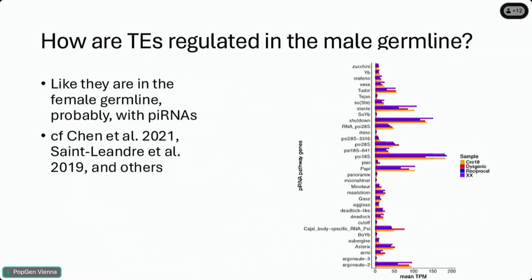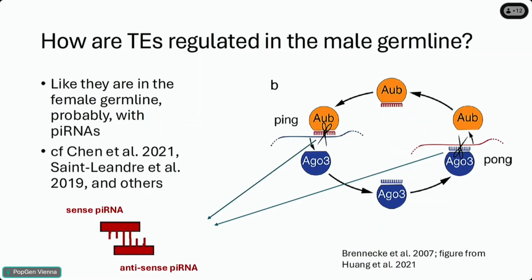It appears to be very similar to what goes on in females. There is one exception, which has been suggested before, which is this post-transcriptional regulation. A lot of it is done by these two genes, aubergine and argonaute. And it seems like in testes, aubergine may be doing more of the job, which is probably only of interest to piRNA nerds, but nevertheless, I thought it was kind of interesting.